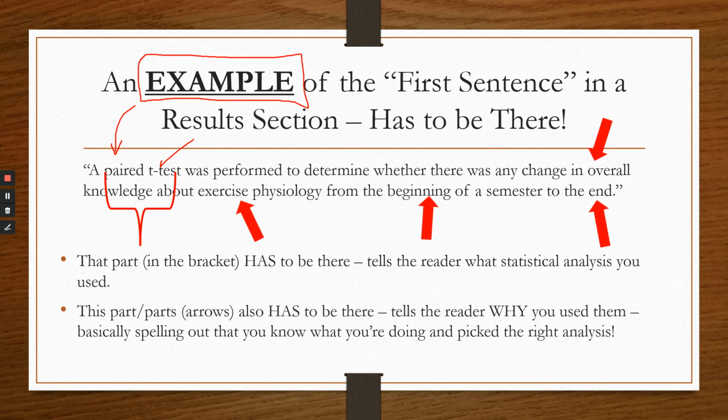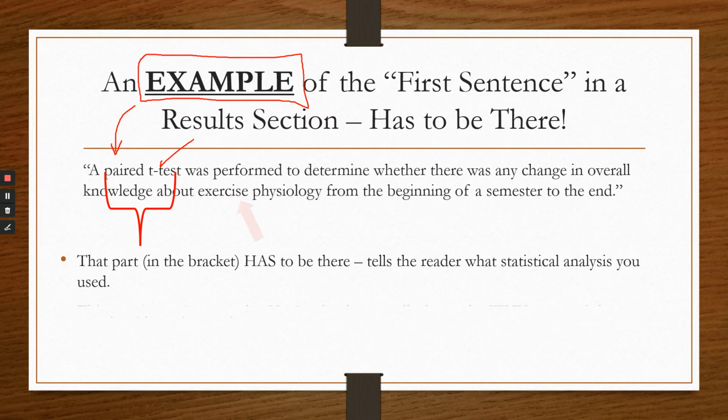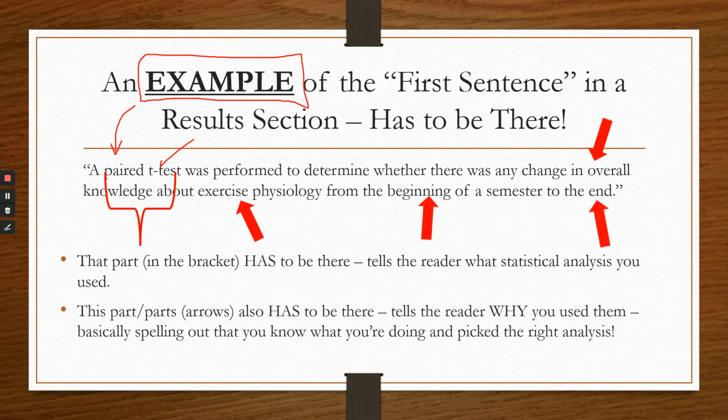Have I said that enough? Some of you guys are watching Netflix and you're not paying attention, and then you're going to be emailing me later, and I'm going to get upset, and we're all going to get upset, okay? But the part with the arrows is telling the reader why you used the t-test. It's spelling it out for them, that you know what you're doing, that you picked the right analysis.